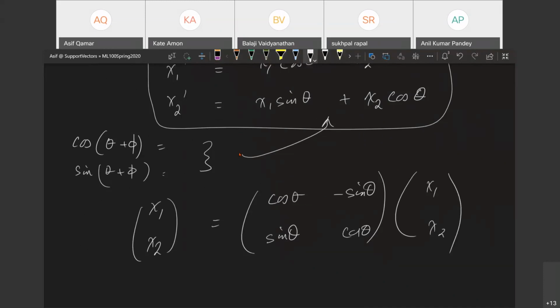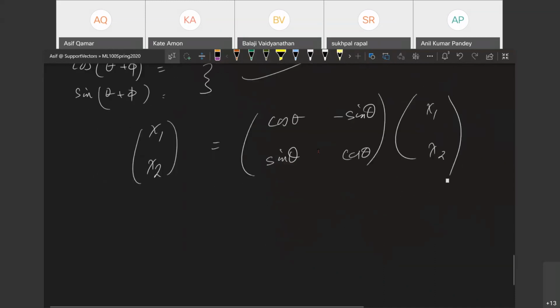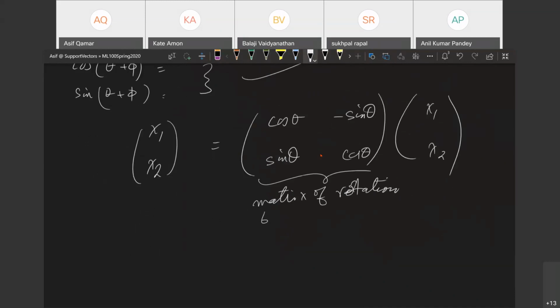By the way, if you don't get this mathematics, don't worry. When you do the PCA, it's just a couple of lines of code. But this is just to understand it. So this is called a rotation matrix, a matrix of rotation by theta.